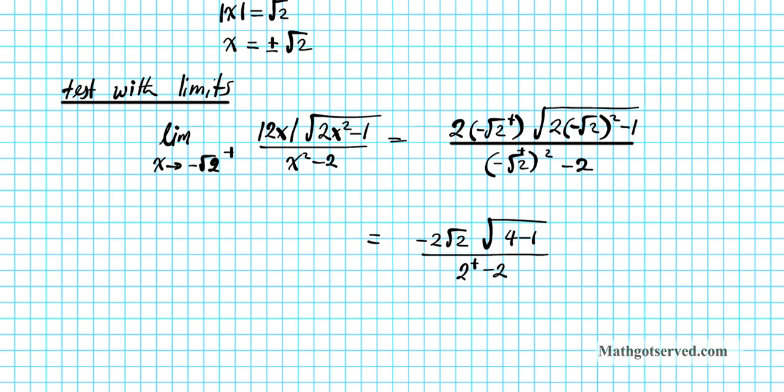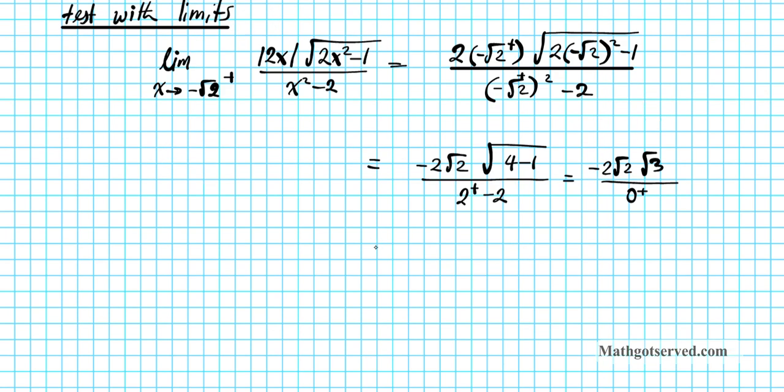If we simplify it, we have negative 2 root 2 times the square root of 3, divided by 0 from the right, a very small positive number. So that becomes negative 2 root 6. 0 from the right can be written as 1 over infinity, right?